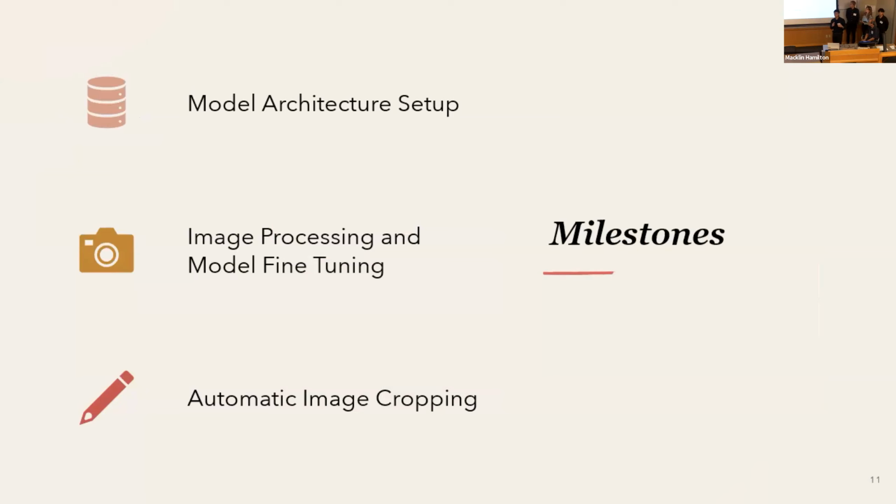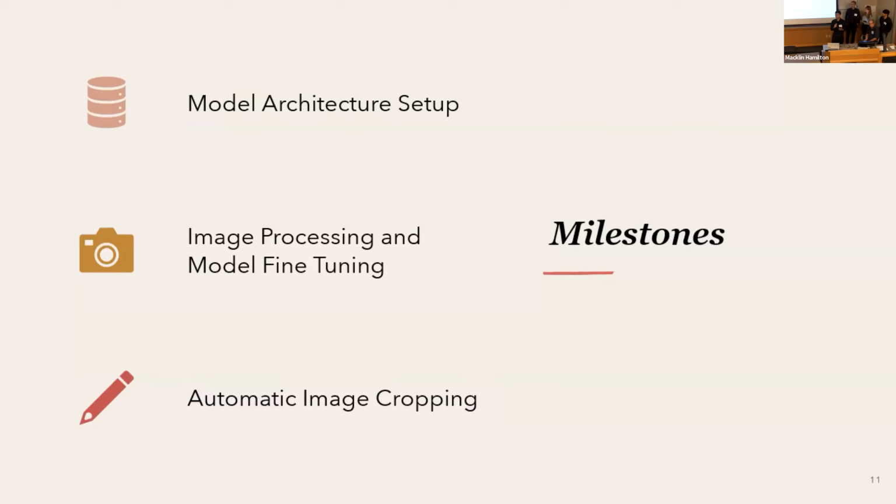The second milestone is image processing and model fine-tuning. This is the main step that we've been working towards, because this is where we actually see the improvement from the base model itself. Julian will talk about the image processing scripts later.